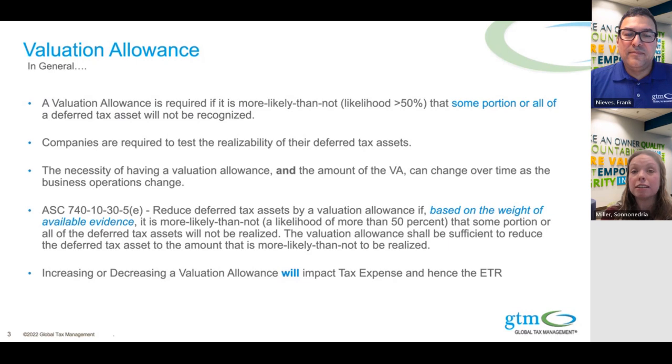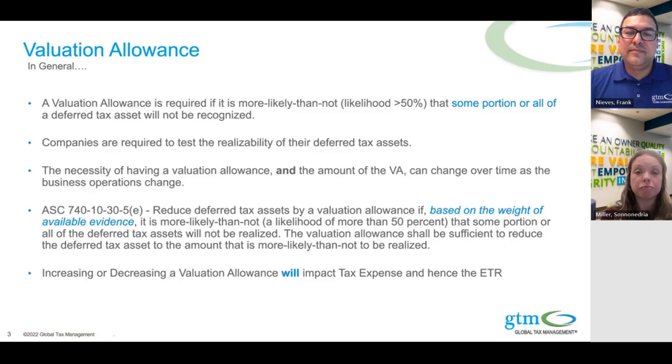Just because a company sets up a valuation allowance doesn't mean that it's going to stay the same forever. The necessity of having a valuation allowance and the amount of the valuation allowance can change over time as the company's business operations change. So a company needs to continually test the realizability of their deferred tax assets in each period.